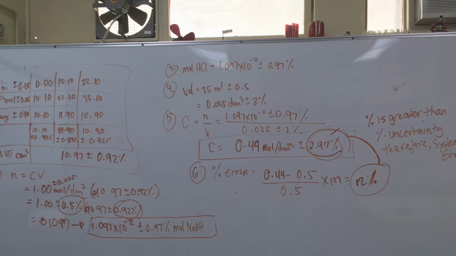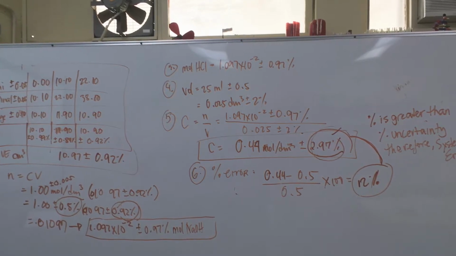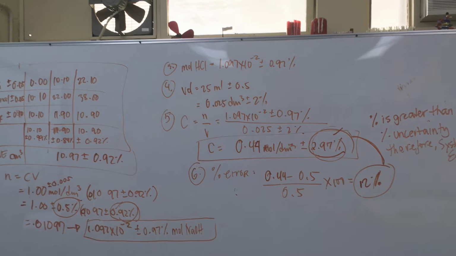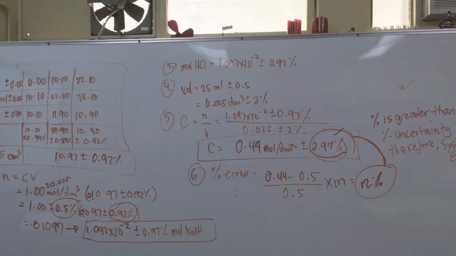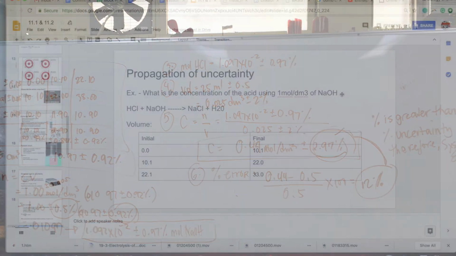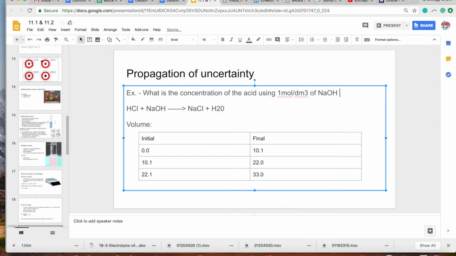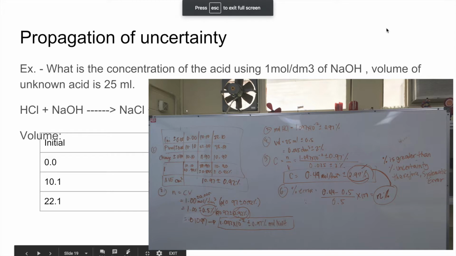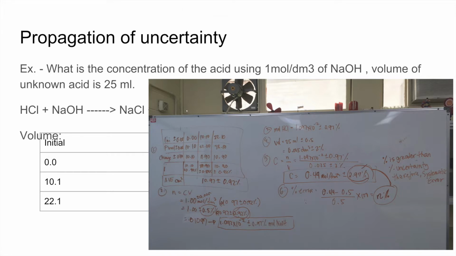Step 4. If you know the mole, did I give the volume? I didn't. All right, for example, let me just edit this. Volume of a known acid is 25 ml. So the volume is 25 ml. What did you use to measure it?